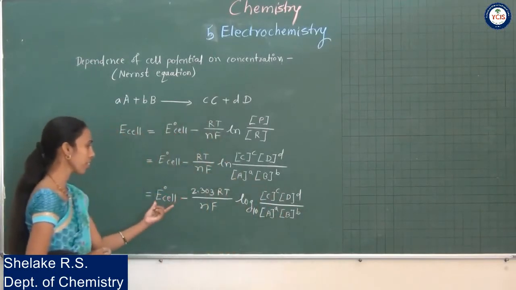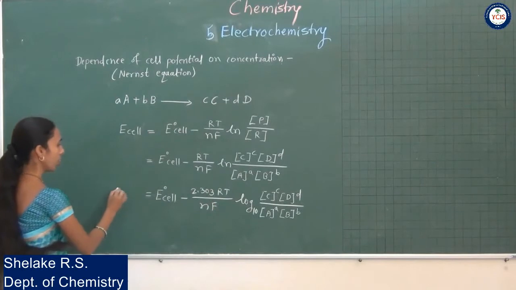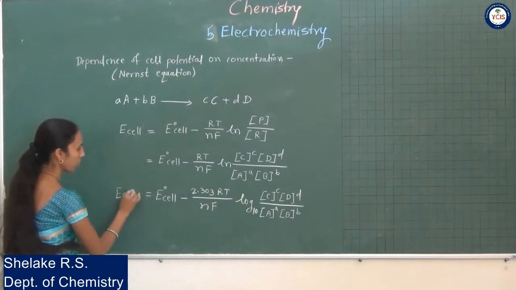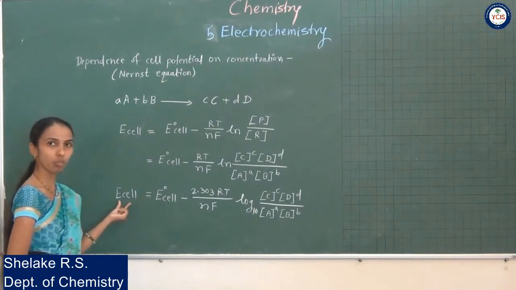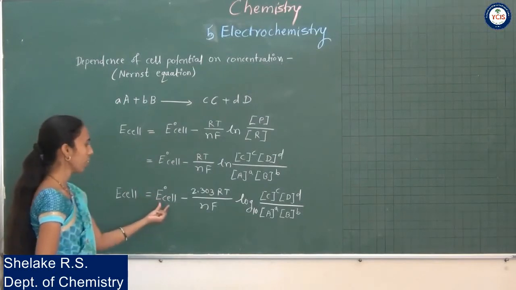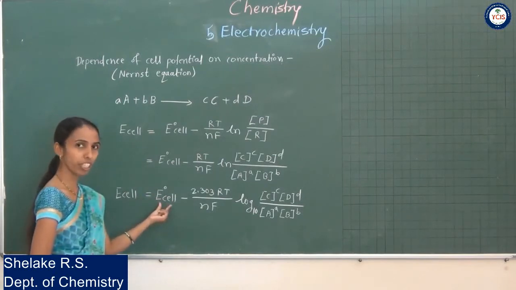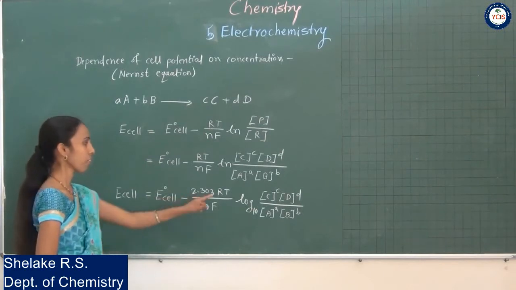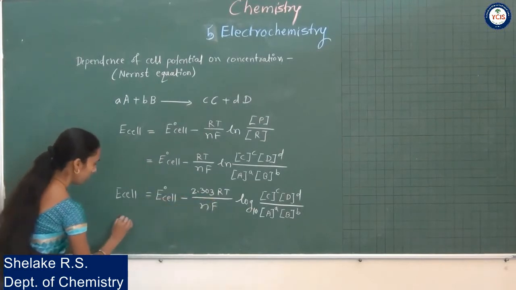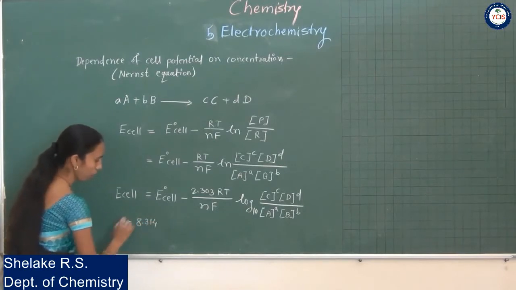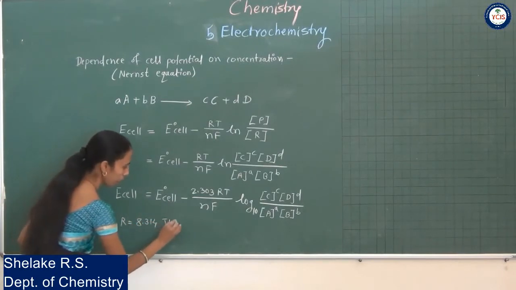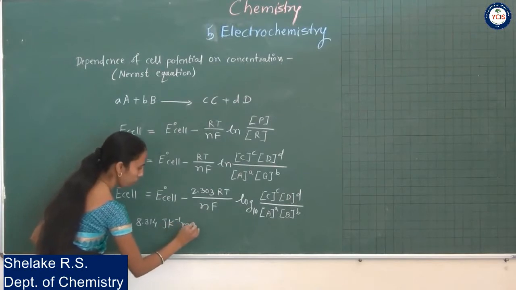This is called the Nernst equation. In this formula, E cell is the cell potential. E0 cell is the cell potential at standard state. R is a constant, whose value is 8.314 joule per kelvin per mole.